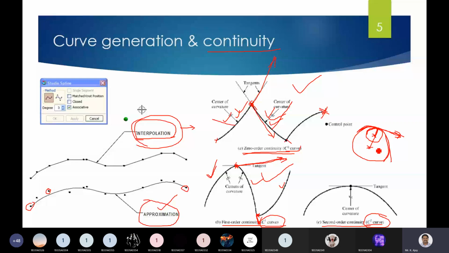So here the radii of curvature are different. So even though the tangents are the same, the radii of curvature are different.